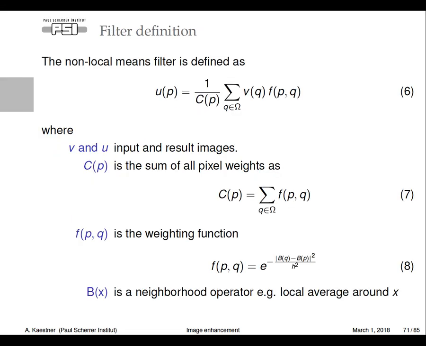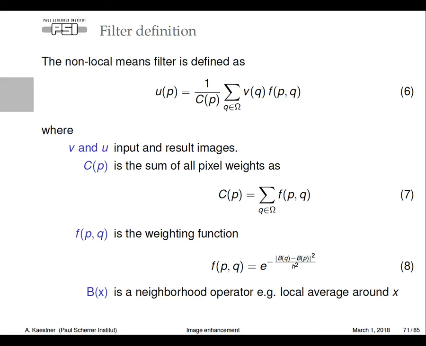And what you have is a filter that is really hard to compute because it's n squared in complexity. So doing three-dimensional images takes ages, because you have to compare every pixel with all the other pixels and then weight them together.